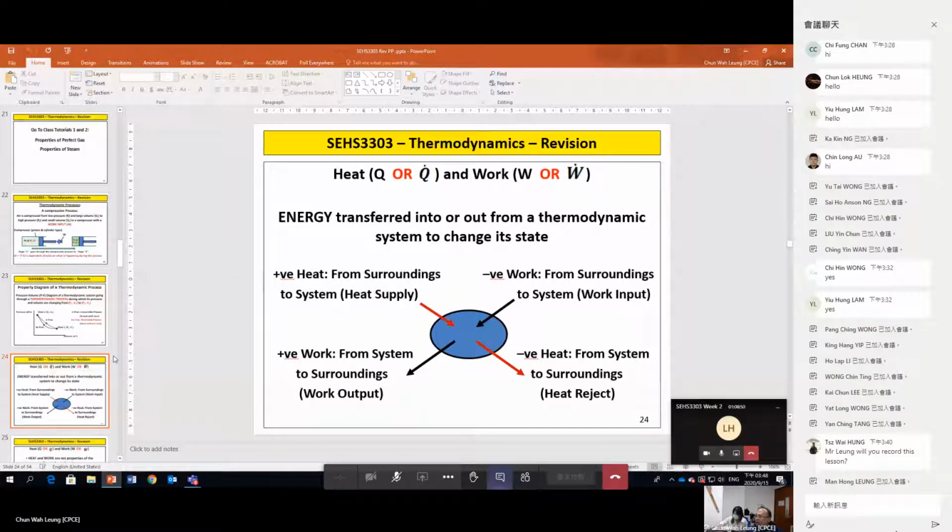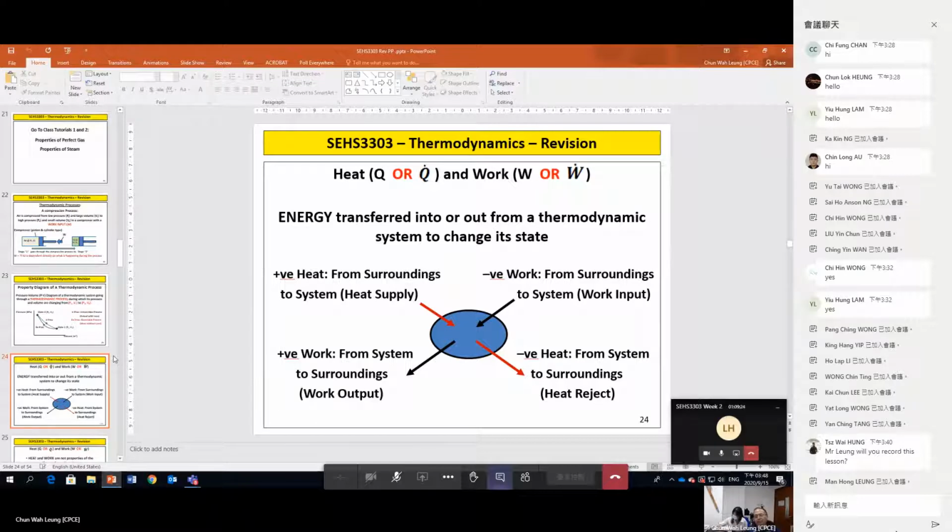In thermodynamics, usually you will see that both heat and work can be positive or negative. And sometimes we use a Q to represent heat, but sometimes we put a small dot on the top of Q. Why? So let me explain.